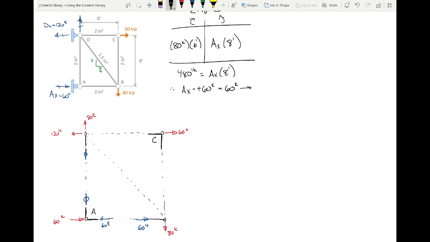When you blow the truss up, you can do this kind of quickly. So this is a 0 force member, 60 kips. And then before I move on to the next joint, let's transfer that out.